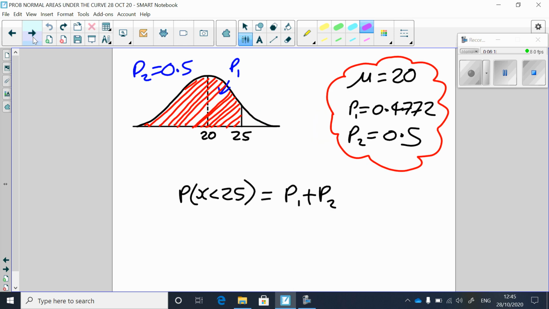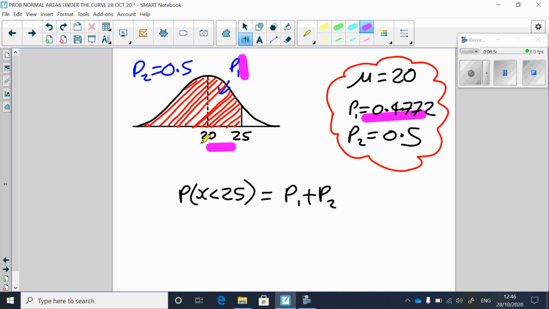Next scenario. We have two regions either side of the mean, and that's why we add them. Regions either side, you add. P1, because it's coming away from the mean to the right, we've already evaluated, so we'll get P1 there.